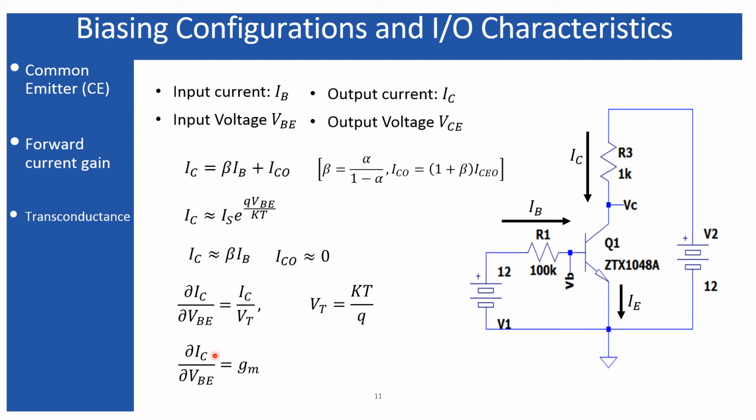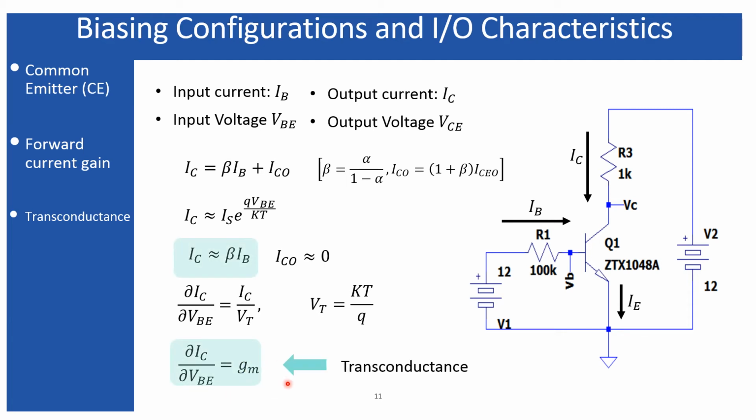The transconductance defines the sensitivity of the output current when a particular input voltage is applied, or what change in output current takes place when there is a change in the input voltage.